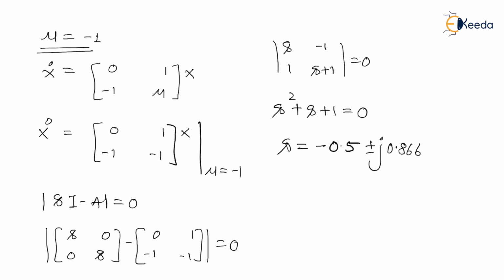So let us conclude this part with μ equal to minus 1. So s is equal to minus 0.5 plus minus j 0.866.